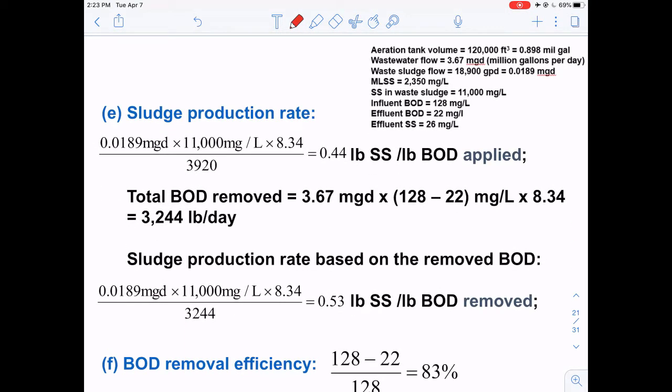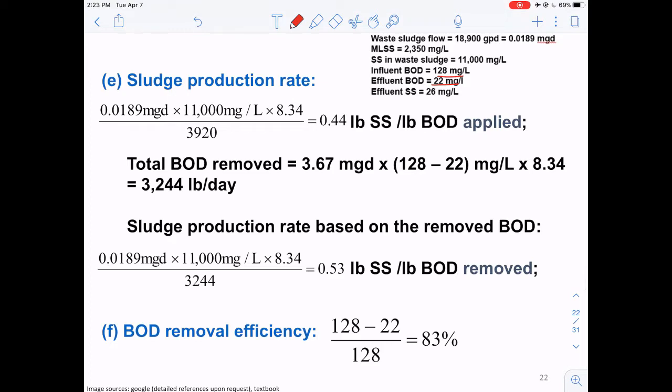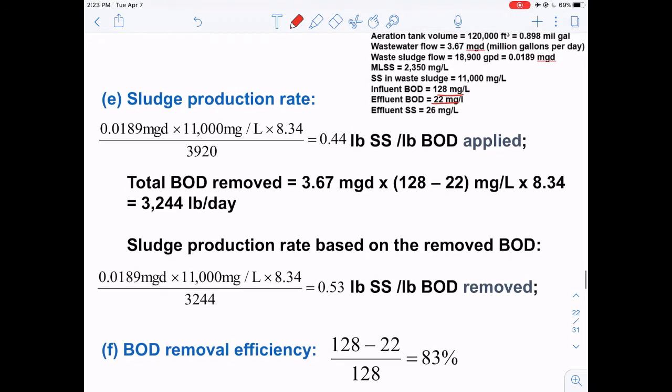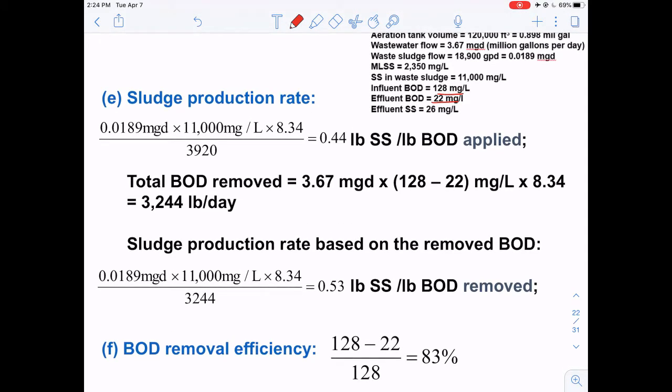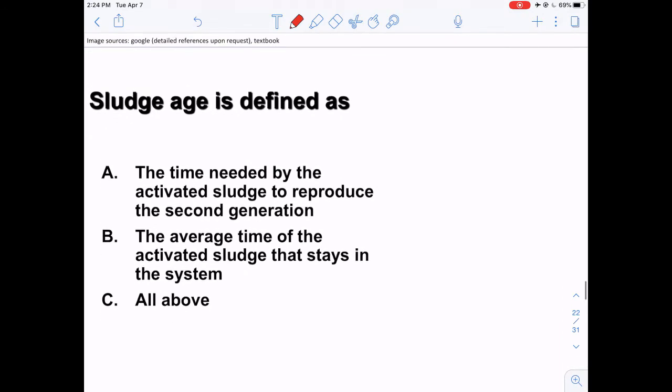Further, for the sludge production rate, we can use the total amount of sludge, and divide that by the total BOD that we introduced into the system. Since we already know the BOD in the influent and effluent, we can directly calculate the removal efficiency. You can further look into how we calculate this when you are trying to solve similar problems here.